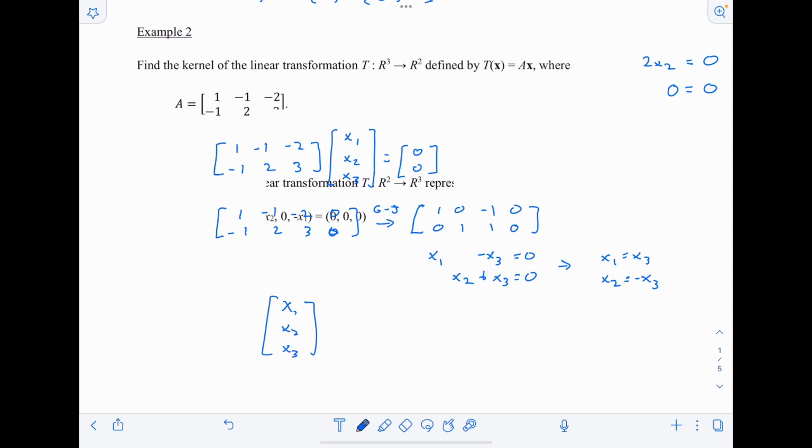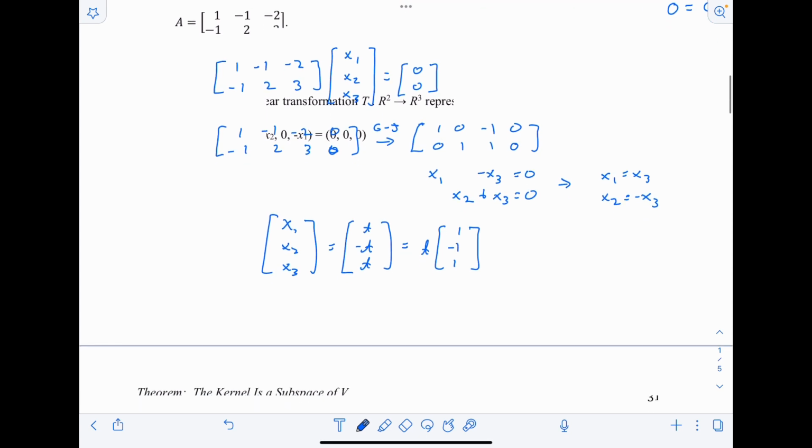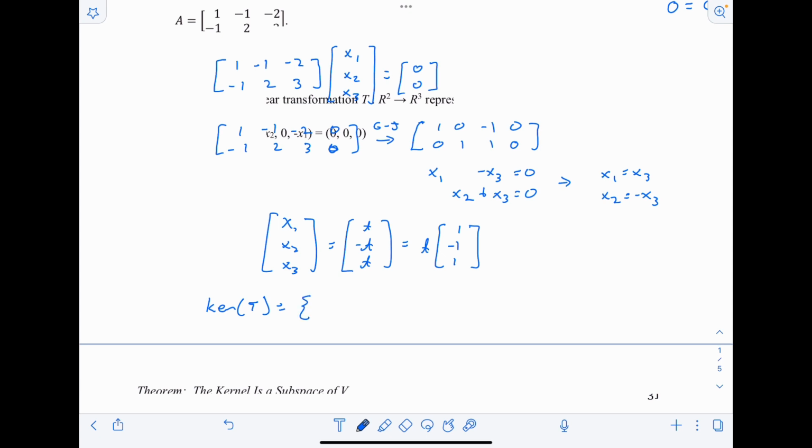Then x2 is going to be negative t, and x1 is going to be t. Another way to think of this is t times the matrix 1, negative 1, 1. And so our kernel of T in this case is just this vector, 1, negative 1, 1, times t.